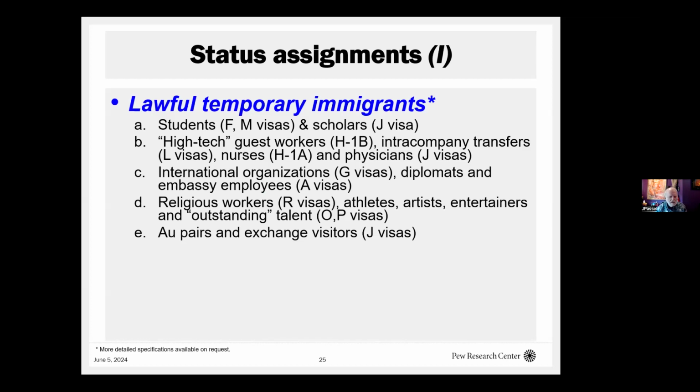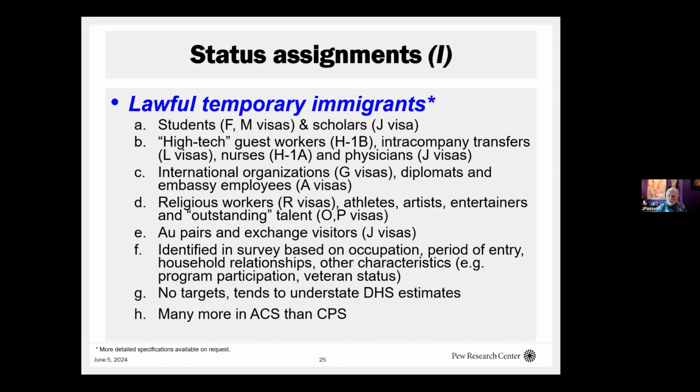What we do with this is we look at the data from the ACS and the CPS about when the people came in, what kind of job they have, other characteristics of the household, who they're married to, are they on various programs, are they veterans? And if they appear to meet the criteria for the visa, we call them lawful temporary migrants, and don't put them into our estimates.